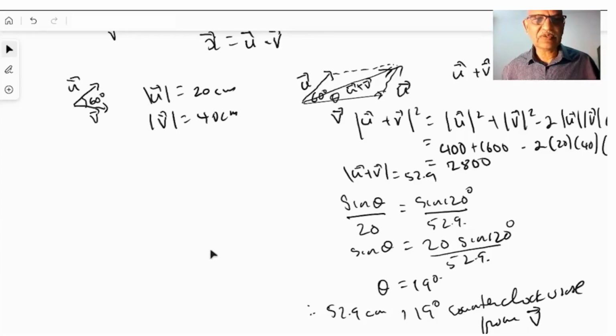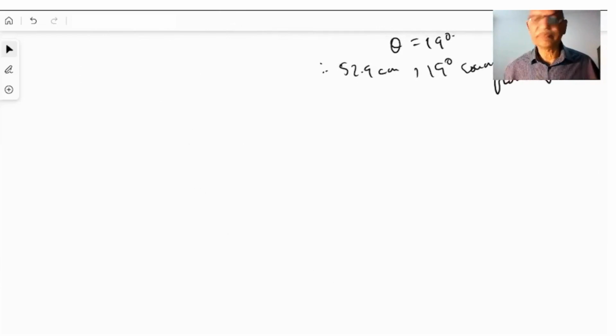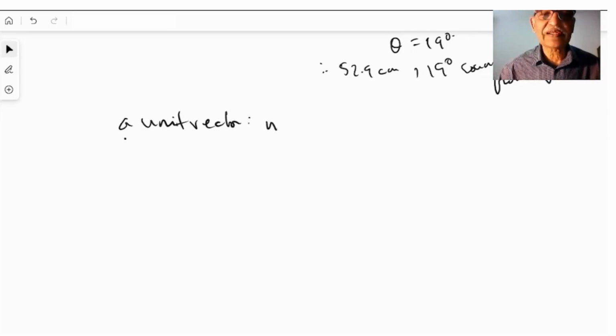Okay, so let's do one more example of this. Before that, let's see what unit vectors mean. A unit vector is one whose magnitude is equal to 1.